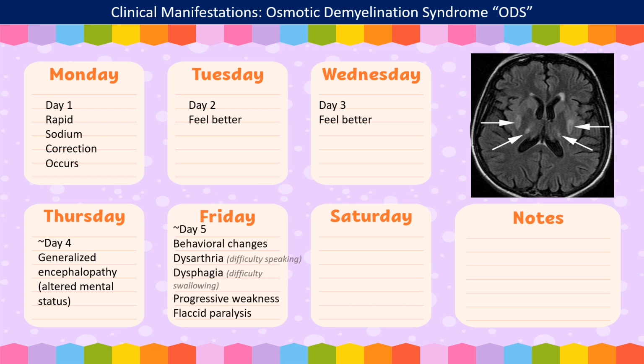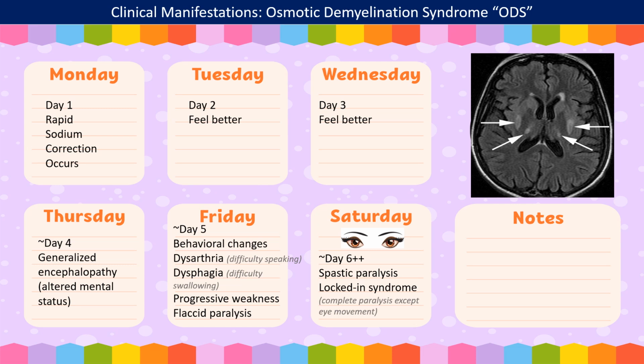Symptoms include behavioral changes, dysarthria, dysphagia, flaccid paralysis that later becomes spastic paralysis, and possibly locked-in syndrome, where patients are aware of their surroundings but cannot move or communicate verbally due to complete paralysis of nearly all voluntary muscles in the body, except for eye movements and blinking.